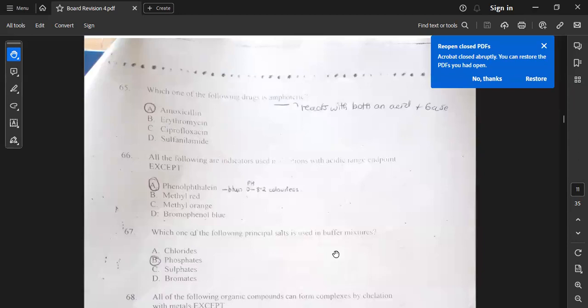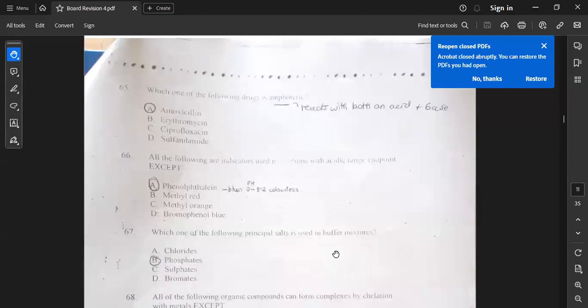We skip that one. That one is beyond our scope of practice. Then we can come back to it later.